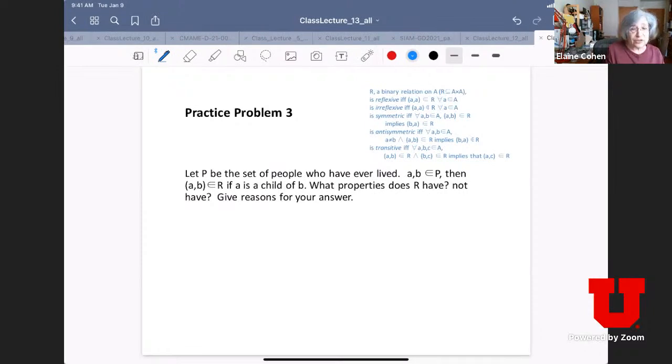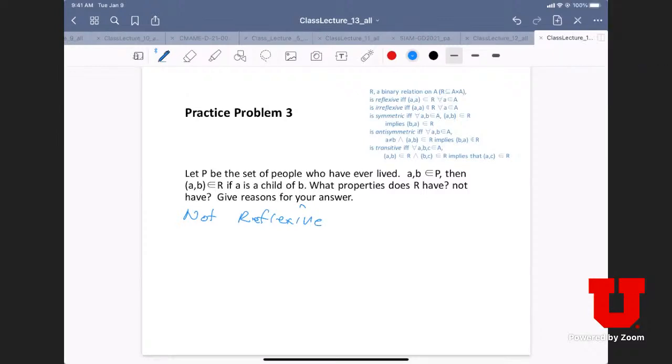So what properties does R have? Is it reflexive? Can A be a child of himself or herself? No. So not reflexive. Is it irreflexive? Is it always the case that A is never his own child?